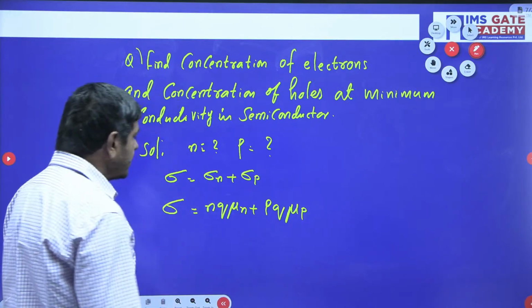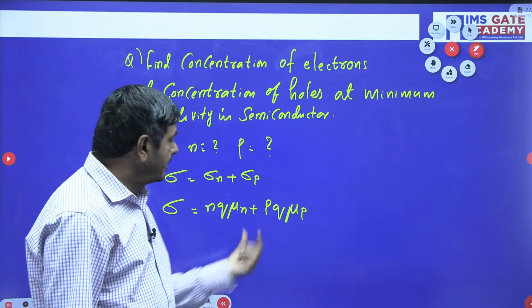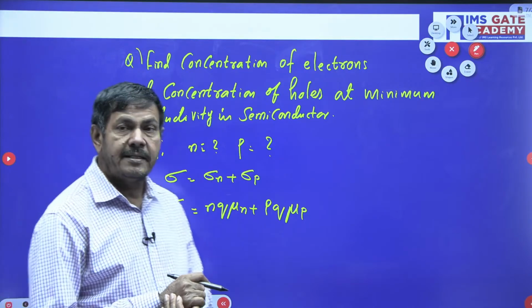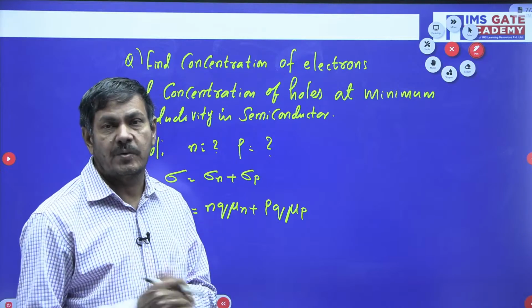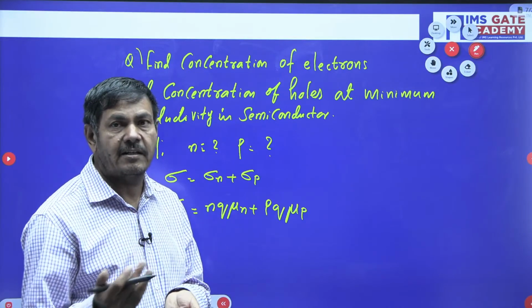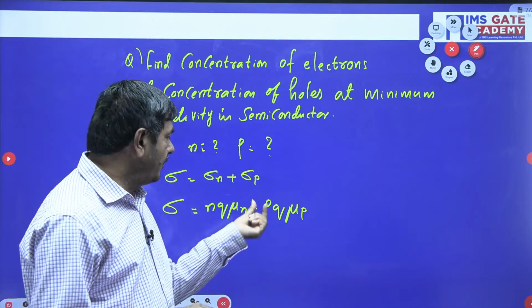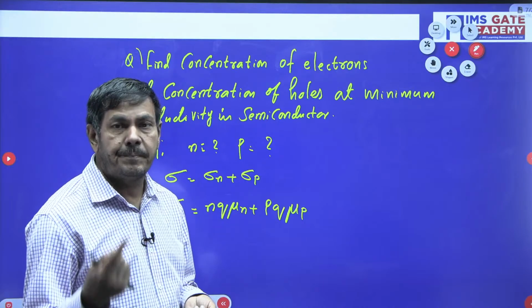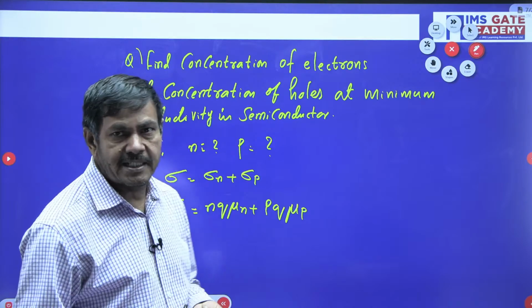But here, in order to find the concentration of electrons, the p, the concentration of holes, has to be converted in terms of n. If you want to find p, you convert n in terms of p. Just now I have done the mass action law.